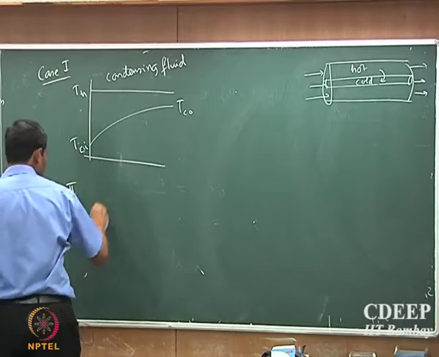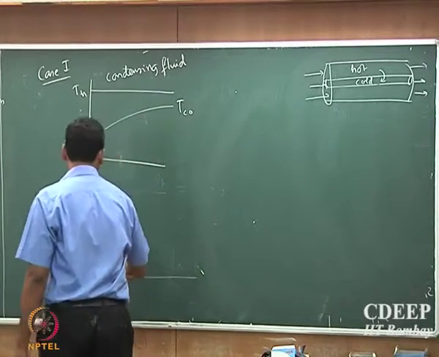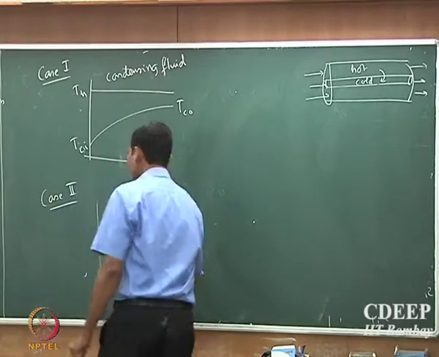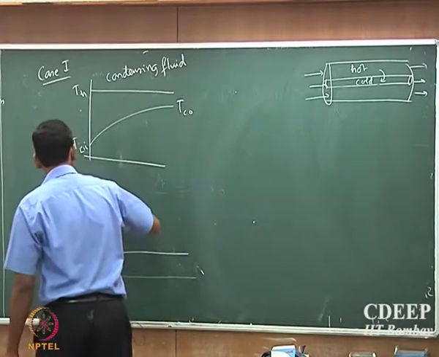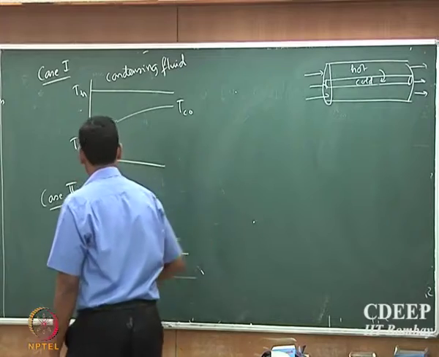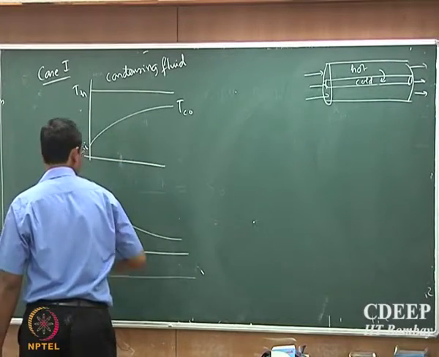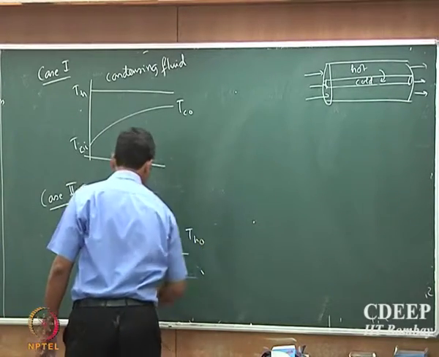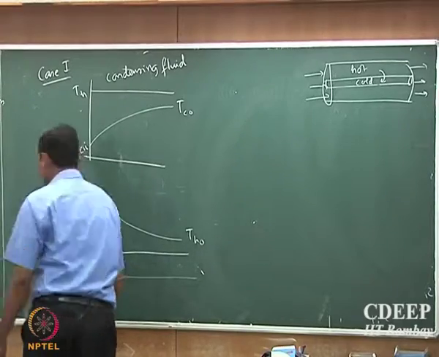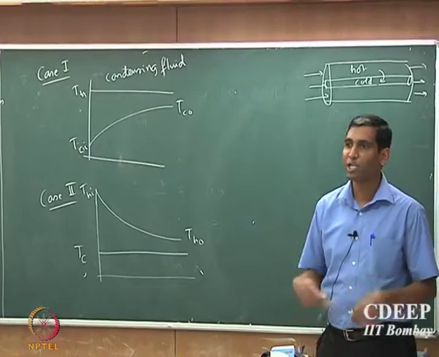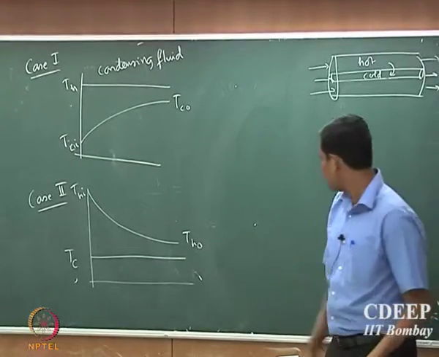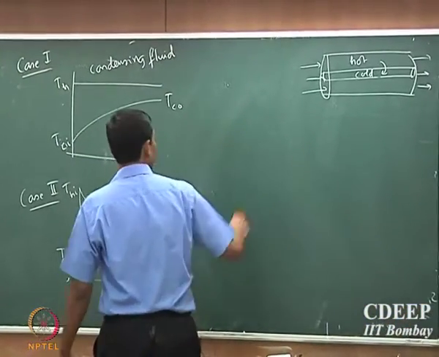You'll have a cold fluid which is evaporating, at a constant temperature Tc, and a hot fluid which is being cooled. It is at a constant temperature because it's being evaporated or boiled, for example. Okay, so that's a special case.